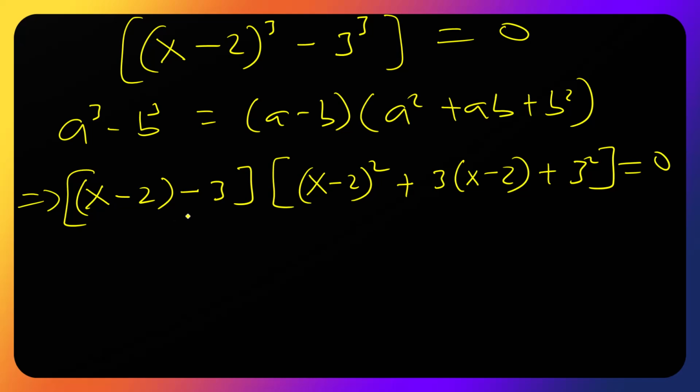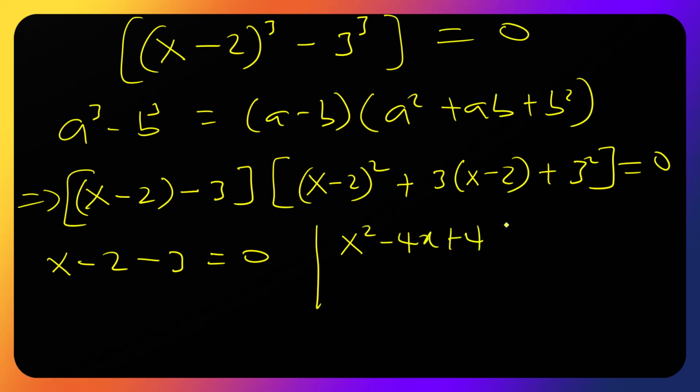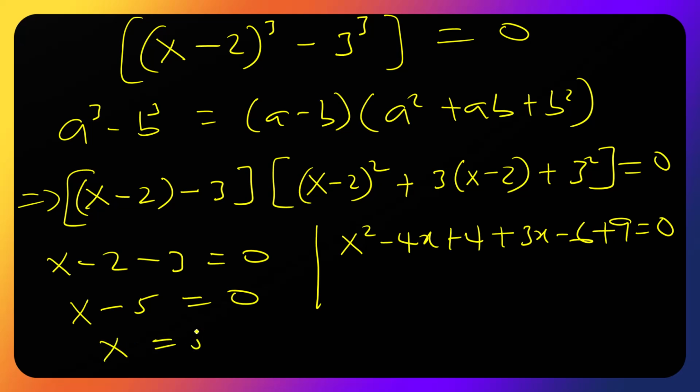So with the zero product, we have x minus 2 minus 3 equal to 0, and this side x squared minus 4x plus 4 for this, plus 3x minus 6 plus 9 equal to 0. So we have x minus 5 equal to 0, x equals 5. So we have another solution here, and that will be the fourth one, and an additional 2 will make it 6.